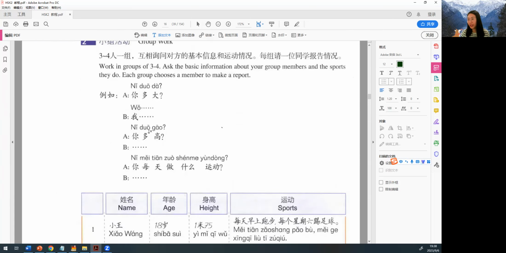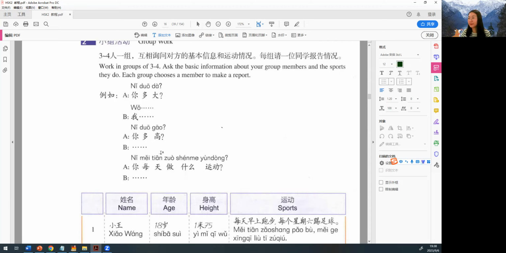All right, good work. A asked 你多大? I can imagine a good answer from you. So here is how old are you. And then the second question, 你多高? Please pay attention to those 一米.